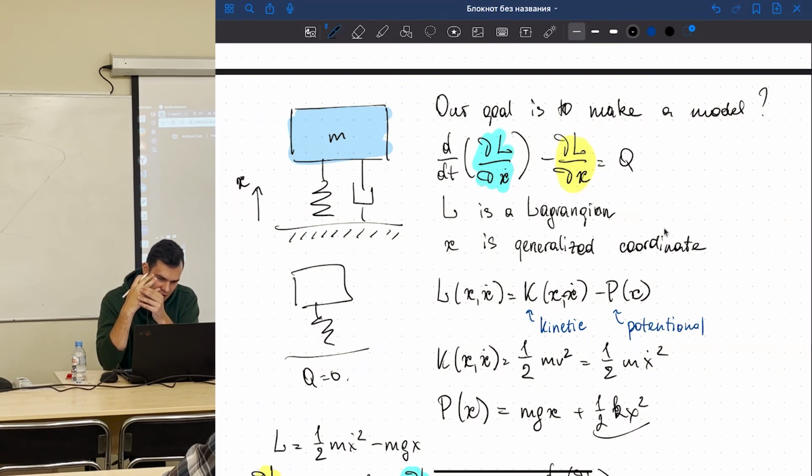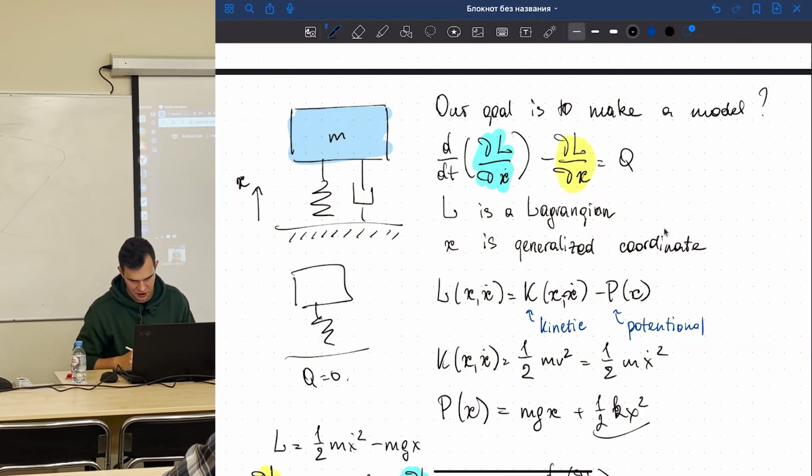Yes, and the friction is something which is external. You don't have a real system that doesn't have friction, but it is a model, and you need to validate a model.